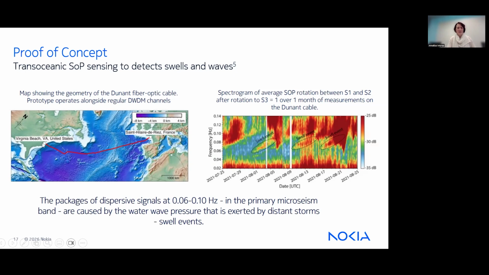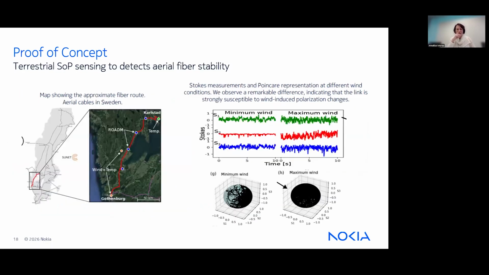It is possible to have an optical connection monitoring over 7,000 kilometers. And here it is also possible to localize, or better, to understand that some events were observed during the monitoring. Here we have another type of field trial, now in terrestrial and, better, aerial networks.